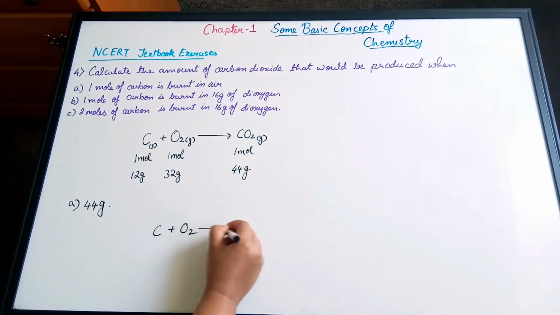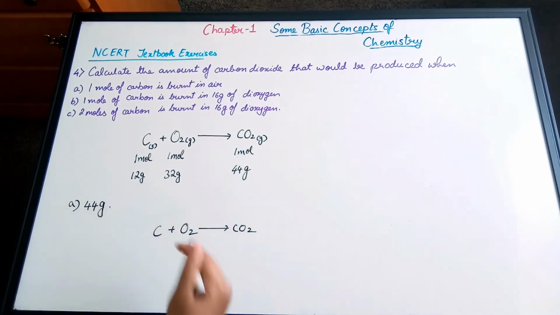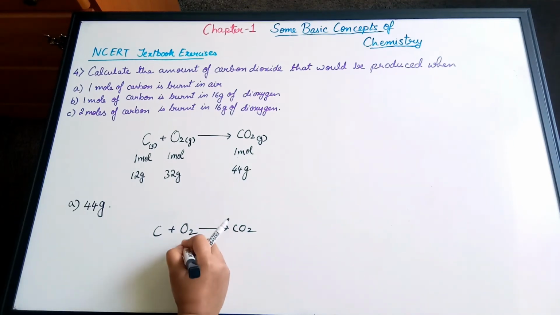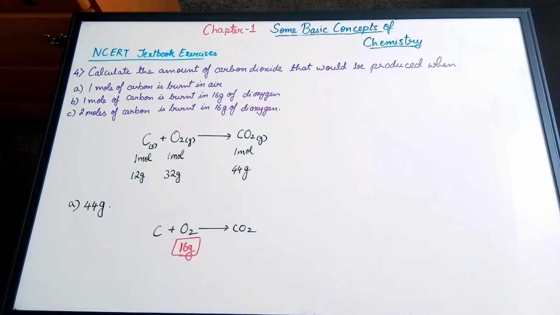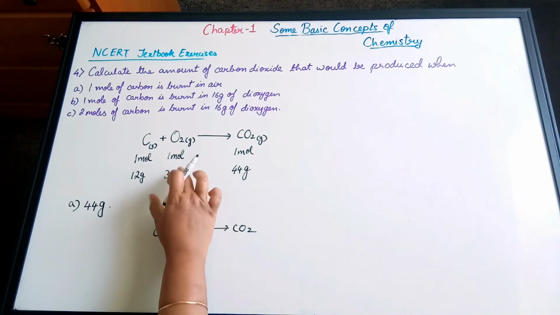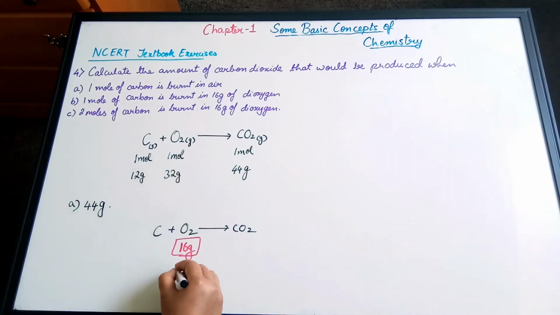C plus O2 gives rise to CO2. In our original case, you had 32 grams, but under this question, it is 16 grams. If it is 16 grams, then it is half of the mass which is present over here, which means the number of moles automatically becomes 0.5. So you have only 0.5 moles of oxygen present, right?